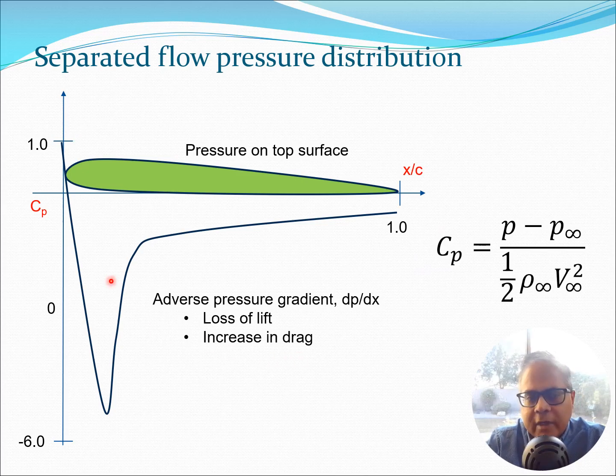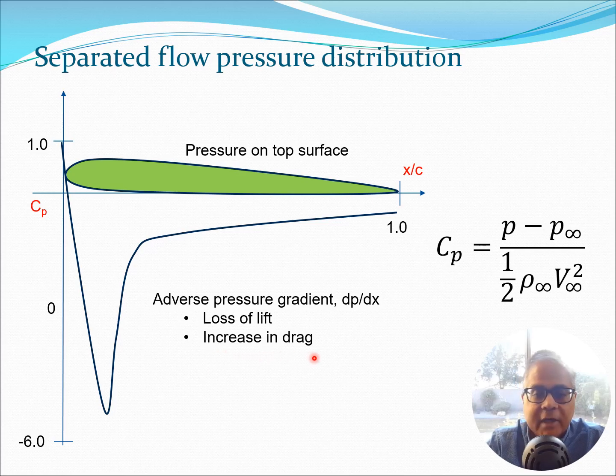If we now go ahead and look at the Cp distribution on this separated flow airfoil, we are going to get a graph in this form. Essentially you have the chord length here and you have Cp going all the way down to some pretty low value and then again coming up in this manner. You can see in this location that there is a severe or strong adverse pressure gradient dP by dx and correspondingly there is going to be a loss of lift and an increase in drag.